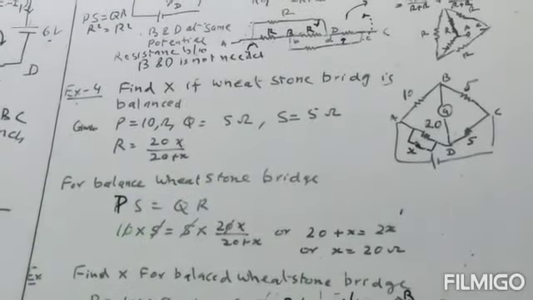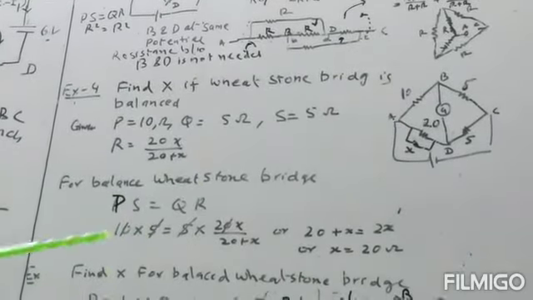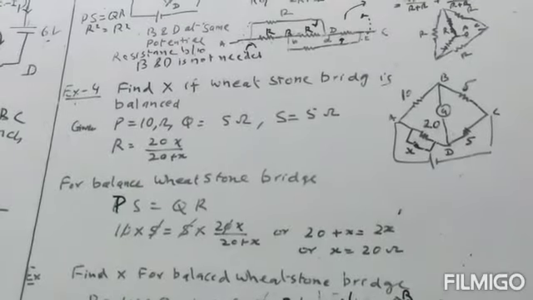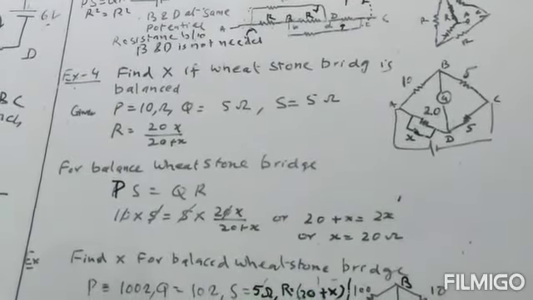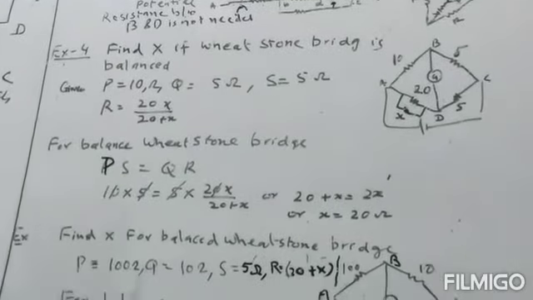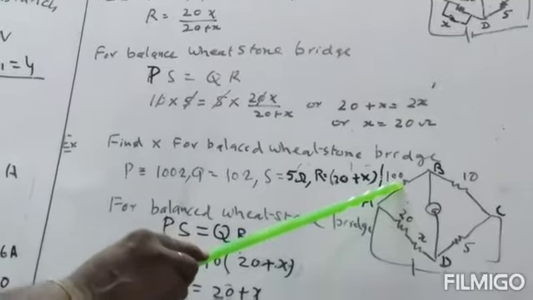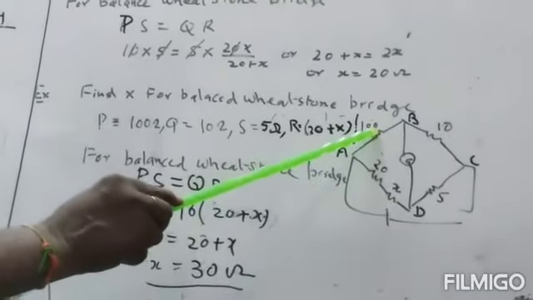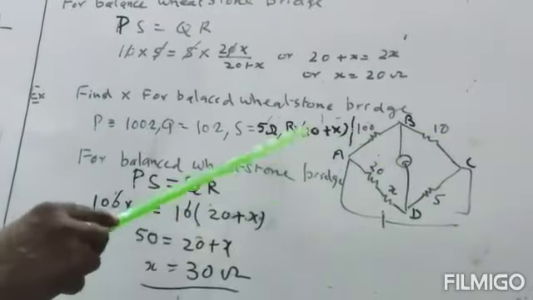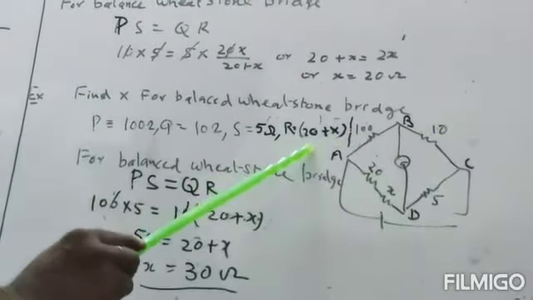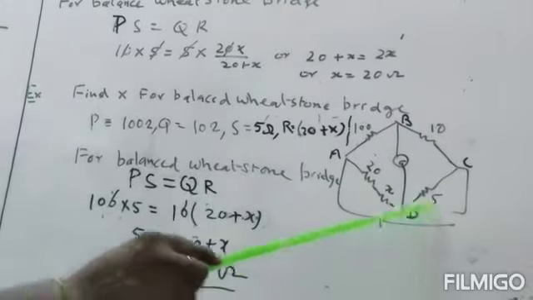Now we take another case, when the X resistance is in series. Here X resistance is in series with this. Here the resistance is 100 ohm, 10 ohm, this is 5 ohm and here it is 5 ohm.